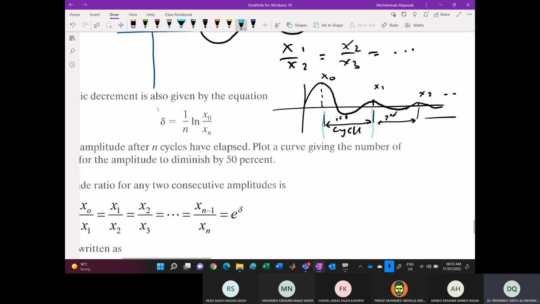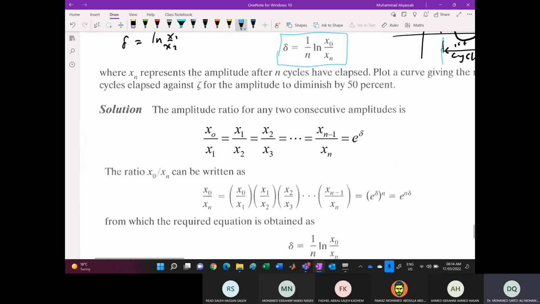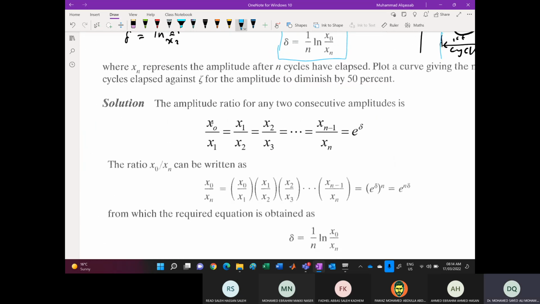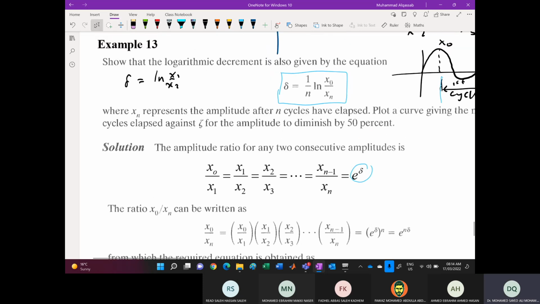Okay, so we want to prove that this is true. Since the amplitude ratio is constant, we can say that x0 over x1 is equal to x1 over x2, equal to x2 over x3, up to xn minus 1 over xn. Each value is e to power delta, because you can put x1 over x2 equal to e to power delta, as well as x2 over x3.